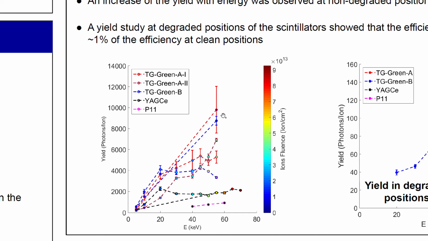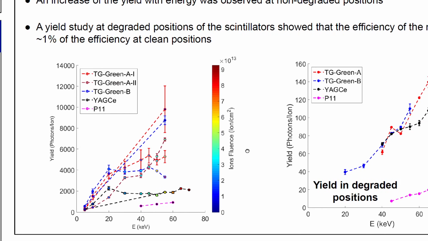As we can see, thanks to the color bar, a first measure at 55 keV has much more yield than a second one measured at 55 keV after the scintillator suffers degradation. We can see this in TG Green A and TG Green B.